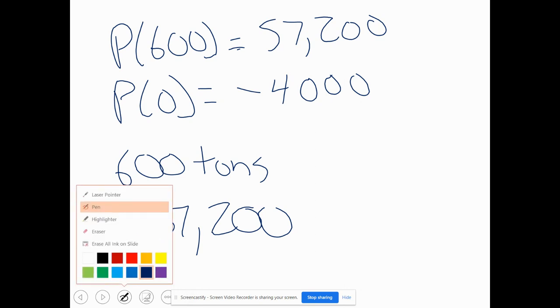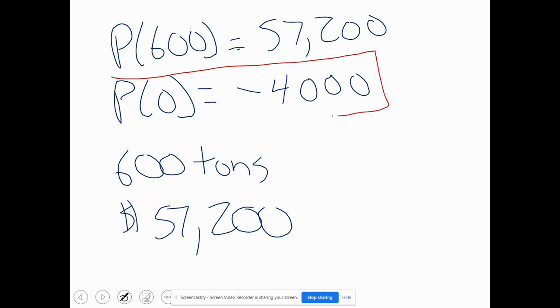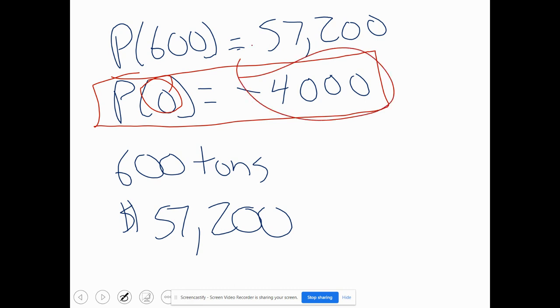Now we can see from the one endpoint that we did have, if you decide to make no candy, you're actually going to lose 4,000. So that would be like $4,000 that you maybe have spent in materials or machines, overhead, whatever the case might be. You got started, but then you kind of quit along the way.